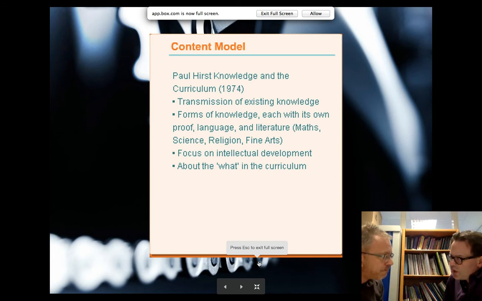Mm. But it's still connected with the product model, isn't it? It can be, yes, because you can define knowledge elements, units, in terms of objectives. So students will be able to explain who was the king in 1850. Students will be able to list the kings and queens of England from 1701 to the present day.